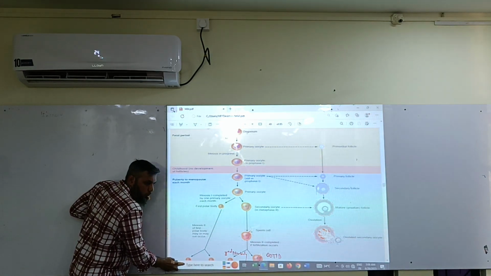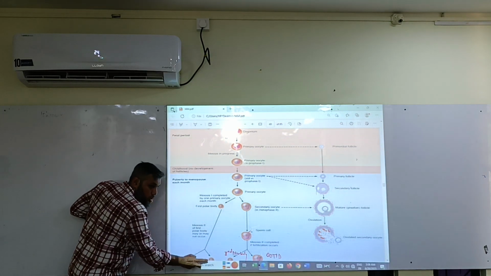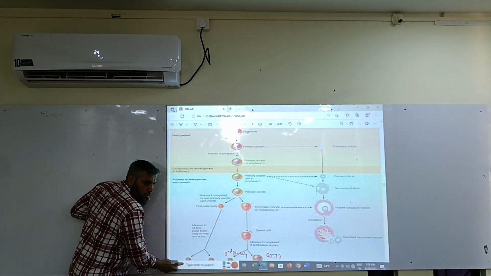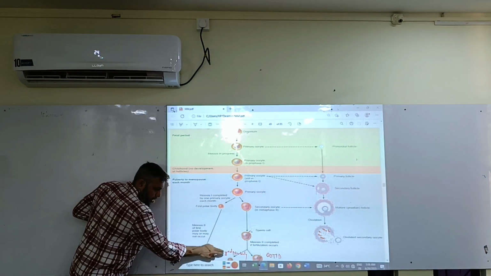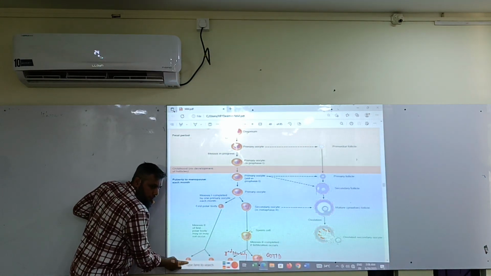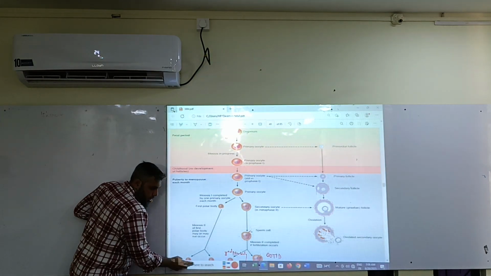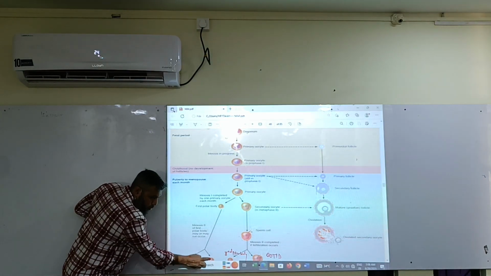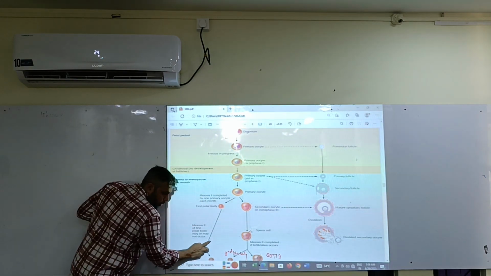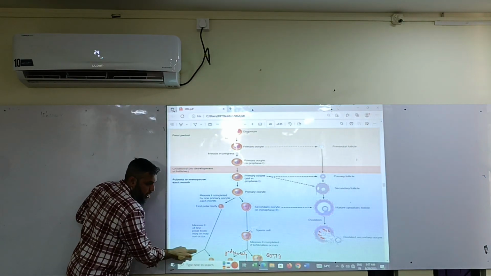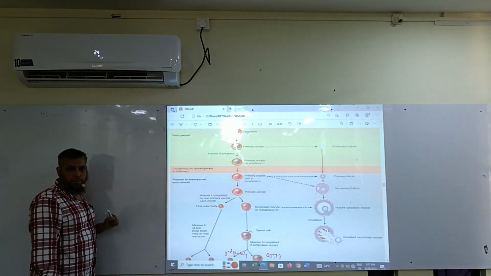So in total how many polar bodies will you get? 1, 2, 3. Second polar body, first polar body, and the new 2 polar bodies have come from the first polar body. So totally we have 3 polar bodies, and one will be the ootid.